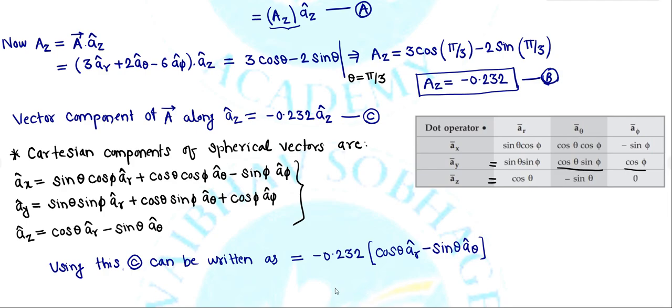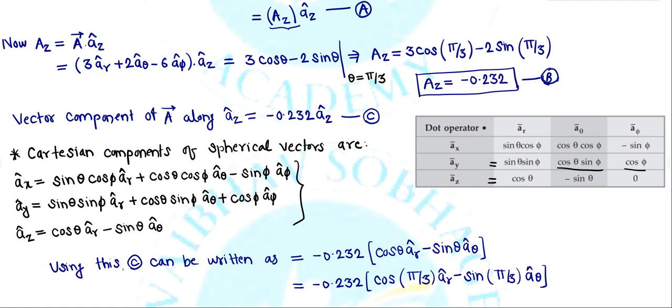We are just going to put the values of theta there and simplify. Theta, as we have already discussed, is pi by 3. So that will be minus 0.232 times cos of pi by 3 AR minus sin of pi by 3 A theta.